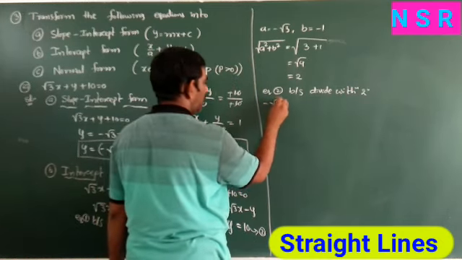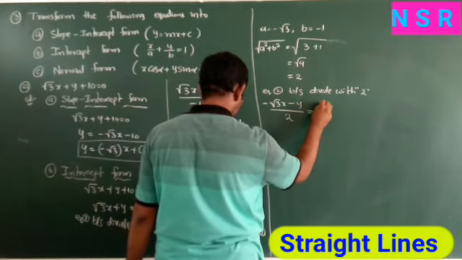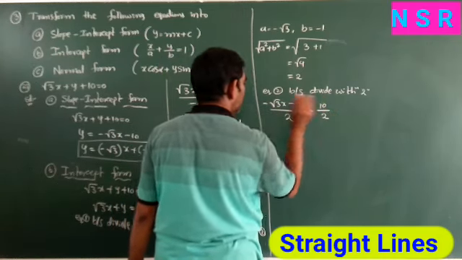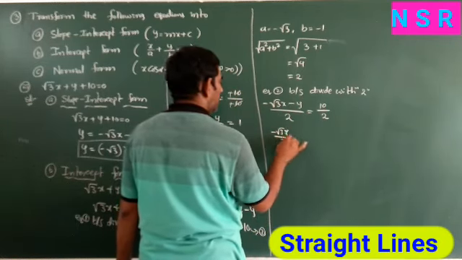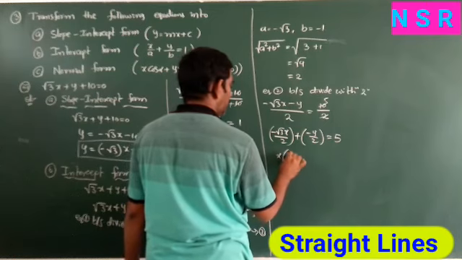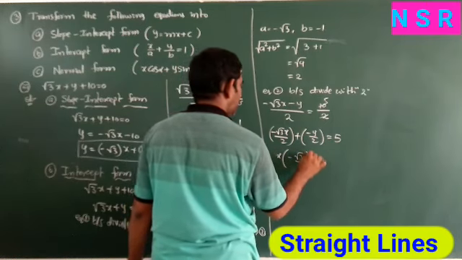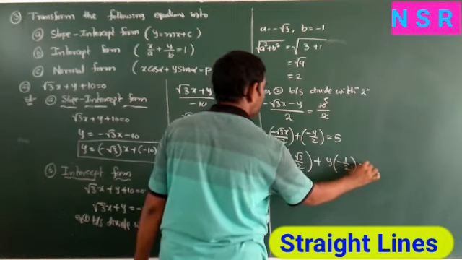So now minus root 3x minus y by 2 is equal to 10 by 2. Minus root 3x by 2 plus minus y by 2 equal to 5. Now write x into minus root 3 by 2 plus y into minus 1 by 2 equal to 5.